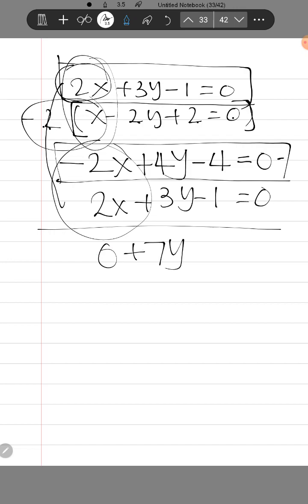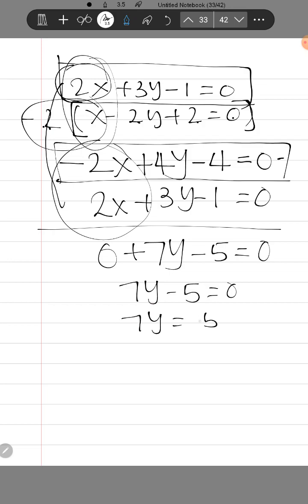Minus 4 plus minus 1 is minus 5 is equal to 0 plus 0 is 0. 7y minus 5 is equal to 0. 7y is equal to 5. y is equal to 5 over 7.